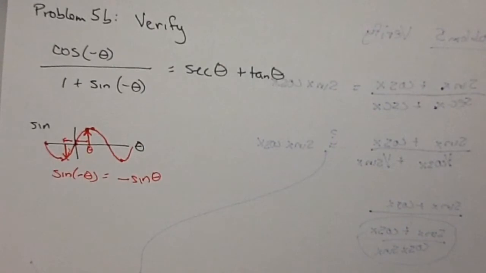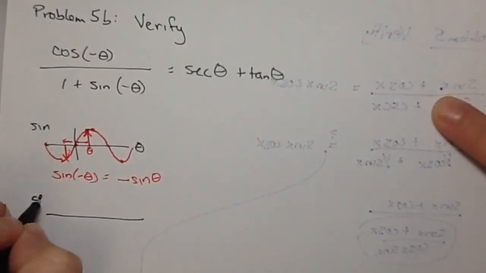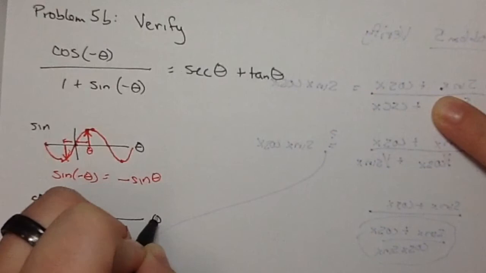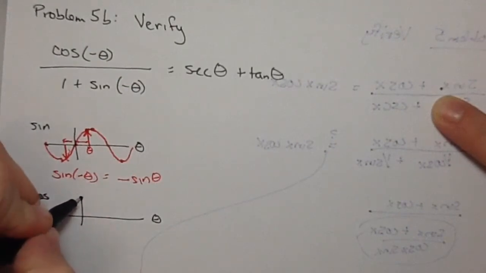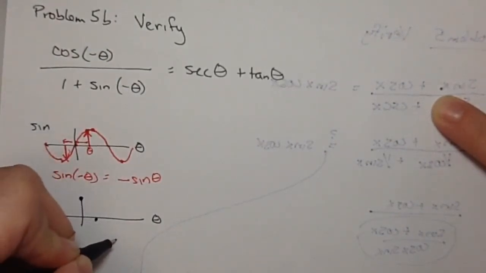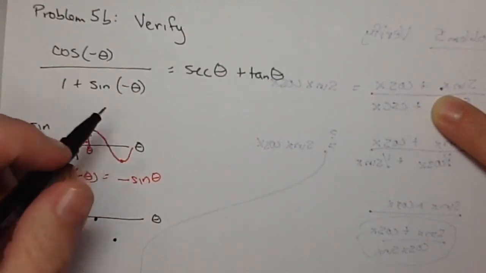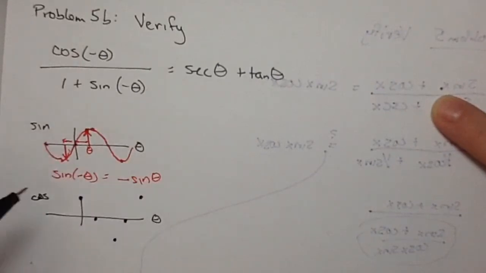That's good to know. Well, what's the case with cosine? Well, we're just going to draw it. If we're looking at cosine as a function of theta, at 0, cosine has a value of 1. And then here, 0. And then here, -1. And then here, back to 0. And here, back to +1.